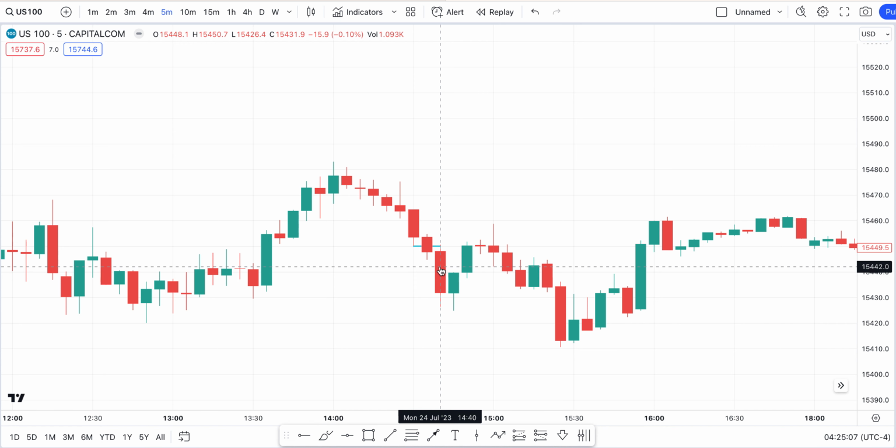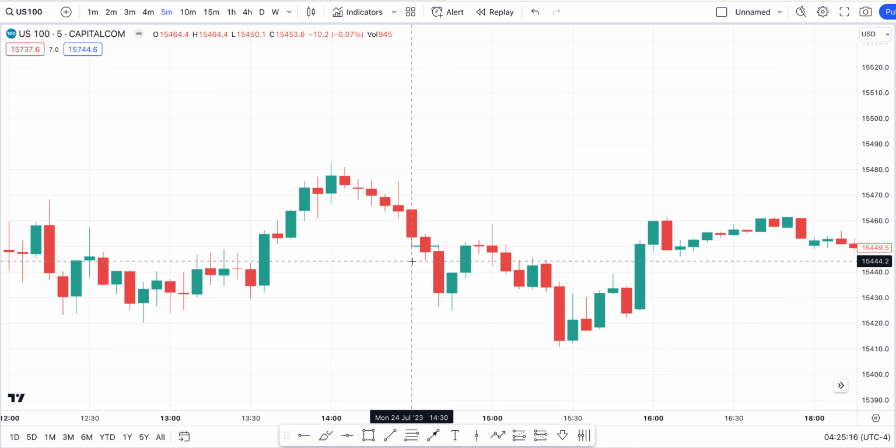So there's a 0.6 difference in the price delivery of this, the low of this candle and the high of this candle.